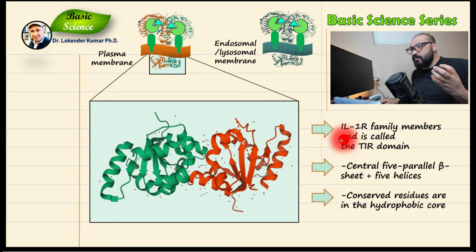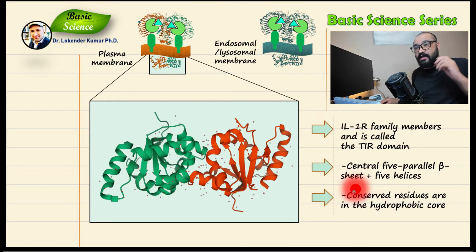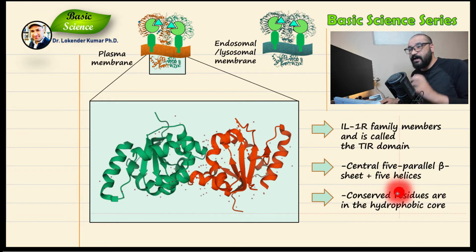This TIR domain is basically an interleukin-1 receptor family member, which I've already explained. The structure of this particular TIR domain is unique. It has five central parallel beta sheets. You can see these sheets, right? These arrows are beta sheets. And then you have specifically five alpha helices.